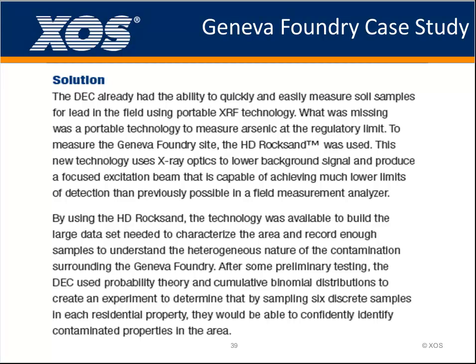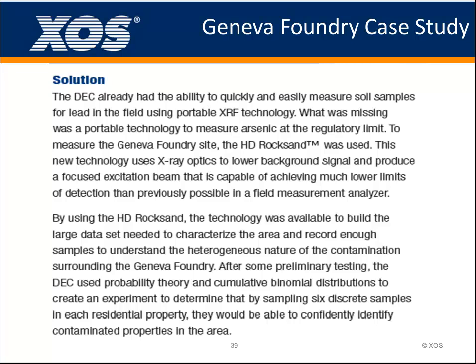So the first generation XRF can do lead well, but it is not good enough to measure arsenic at a regulatory limit. So at the Geneva Foundry site, that is why HD Rocksand was used. This technology uses robotics to lower background signal and produce better performance.